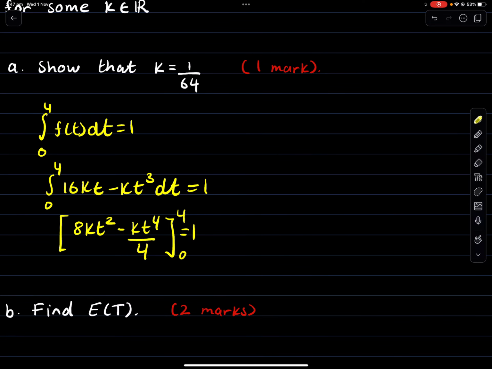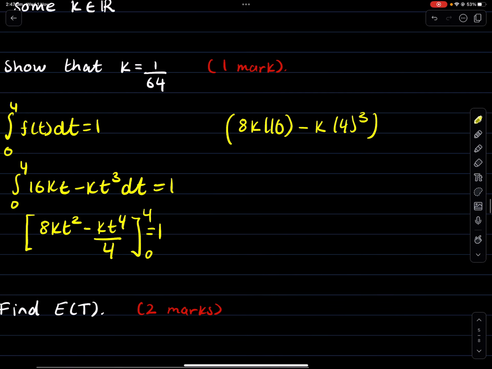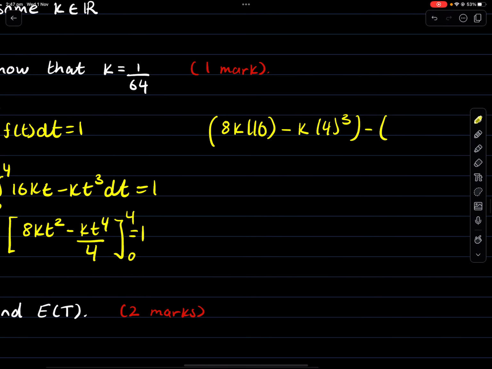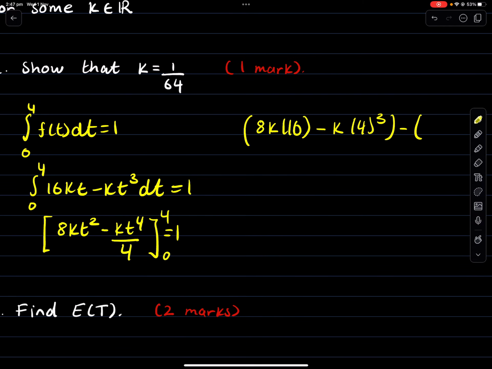So now substituting 4, we're saying 8k times 4 squared, which is just 16, minus k times 4 to the power 3, because that 4 just gets out. Wow, this is such an algebra. And putting in 0, the other ones will just become 0, so there's no need for that. It should all equal 1.